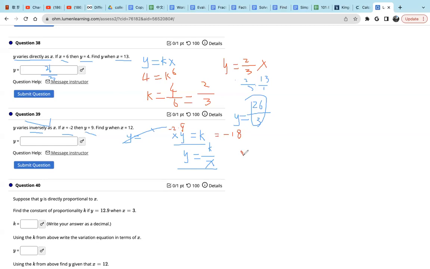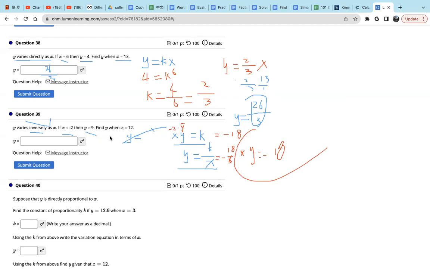We can write it like this, x times y equals -18, or we can write y equals -18 divided by x. Either way works. Whichever way looks better for you, you take that one, okay?